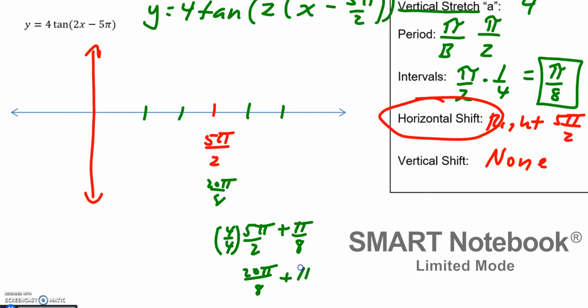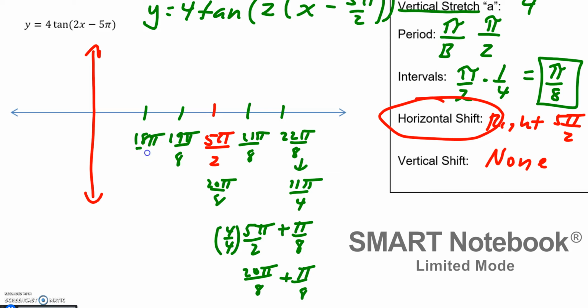And I'm adding pi over 8. So that would be 21 pi over 8, and then 22 pi over 8, which is really 11 pi over 4. If I go the other direction and I take 20 pi over 8 and subtract pi over 8, that is 19 pi over 8, and 18 pi over 8, which is really 9 pi over 4.